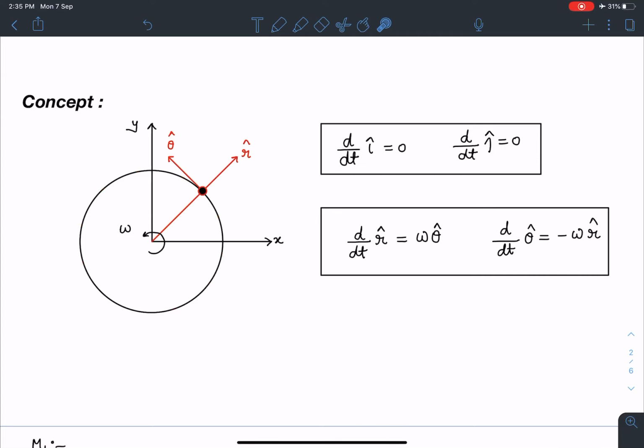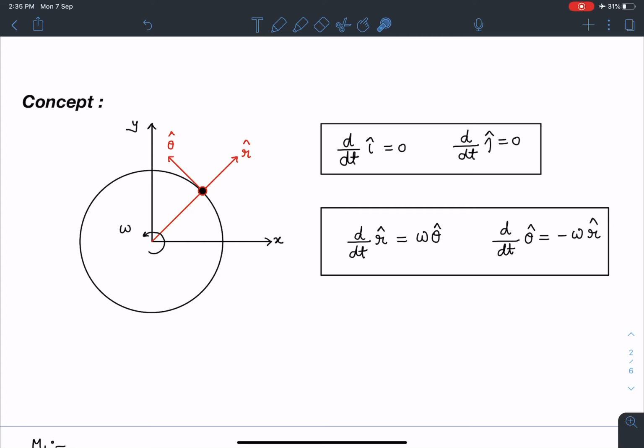I'm giving the direct result, as I have discussed in the classes how exactly we get these results. d by dt of r cap is omega theta cap, and d by dt of theta cap is minus omega r cap. These are pretty standard results. If you haven't seen them earlier, you can refer to any standard book.